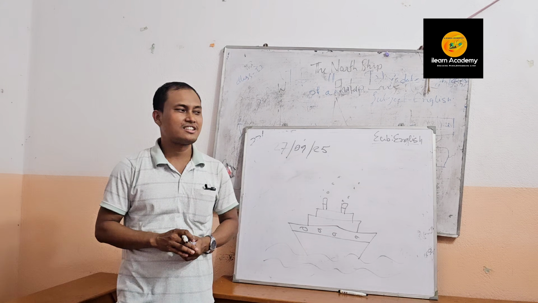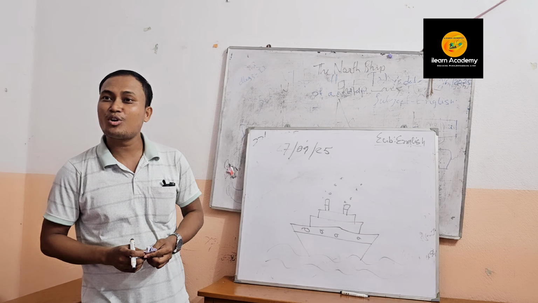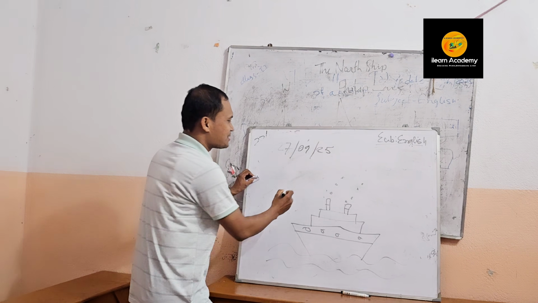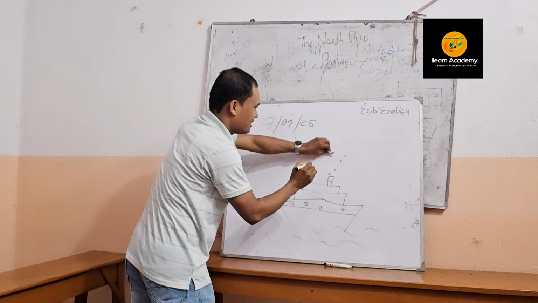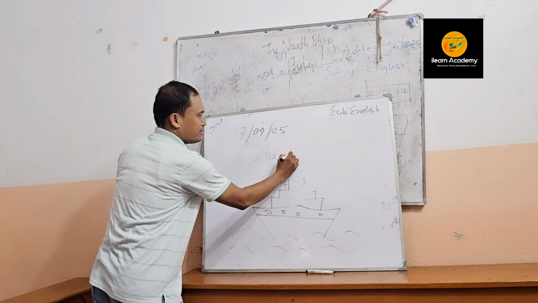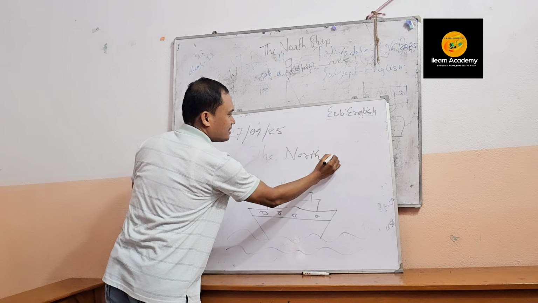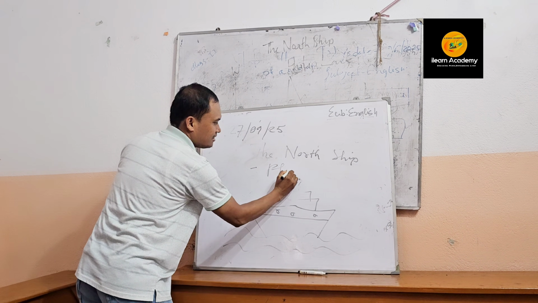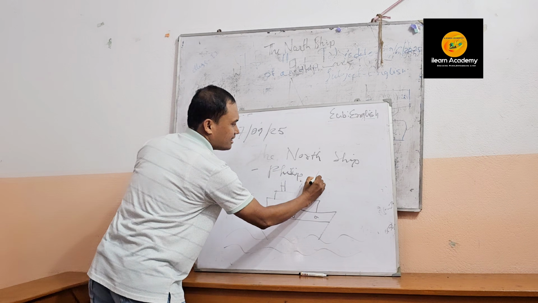So, students, today we are going to read a poem that also deals with ships. And the name of the poem is The Whitsun Weddings, written by Philip Larkin.